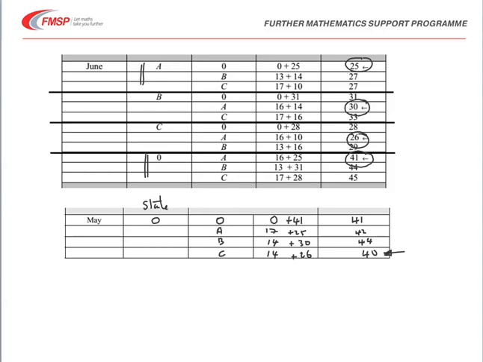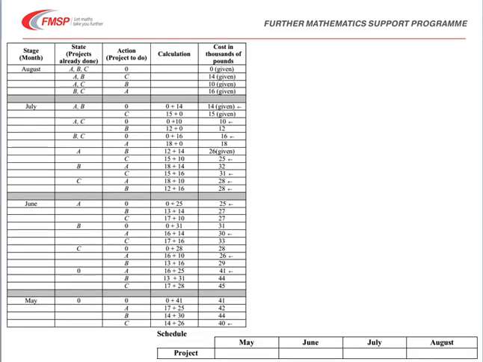Right, so there we are, the table in all its glory. Now we need to interpret what's going on, so looking at what happens. Well, we follow through here from the smallest values that we have.